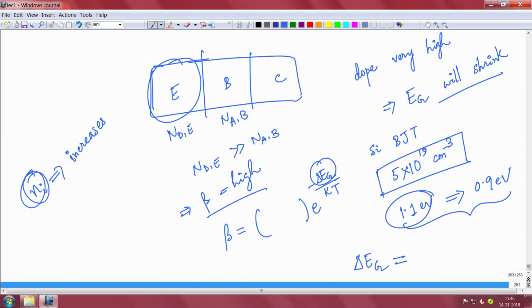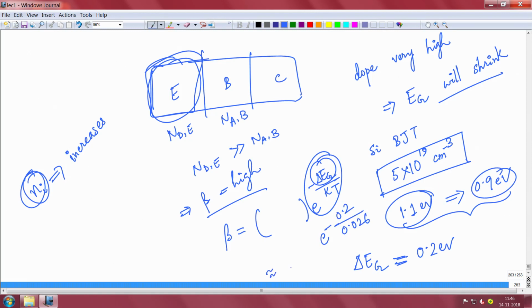In this case, if the band gap reduces from 1.1 eV to 0.9 eV in the emitter only, because you are doping it high, then the reduction in band gap is 0.2 eV. So this term will be e to the power minus 0.2 over 0.026 at room temperature, which is like e to the power minus 9. So suppose you had a beta of 100; if you dope extremely high, it will get reduced by e to the power minus 9, which is a very large reduction.